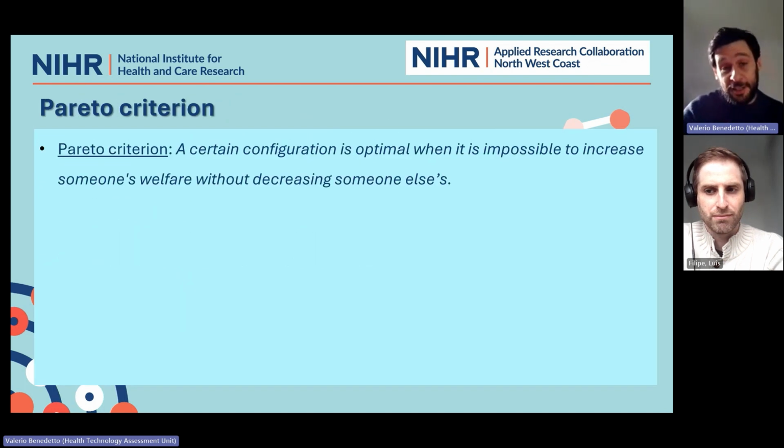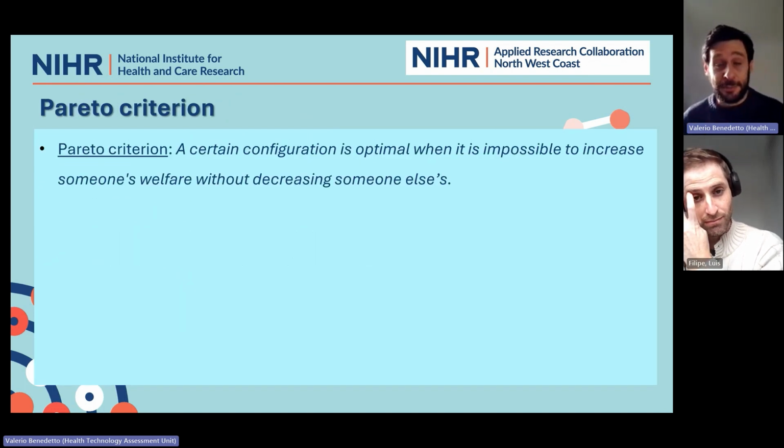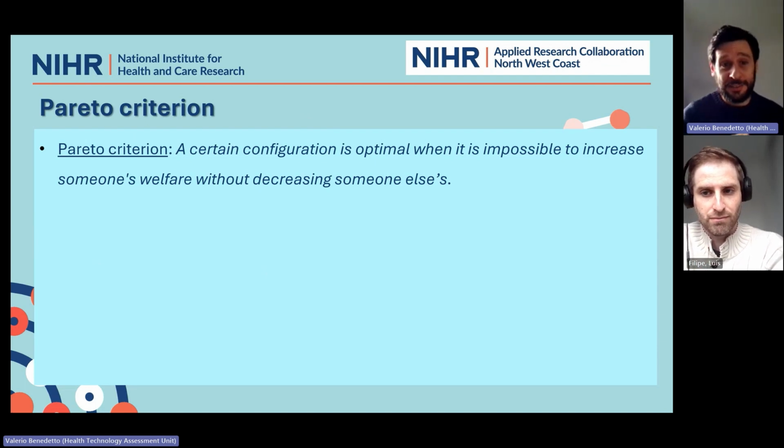Another theory which is developed on the back of the limitation of Benthamism is the Pareto approach, which is all about this Pareto criterion, where a certain configuration is optimal when it is impossible to increase someone's welfare without decreasing someone else's.